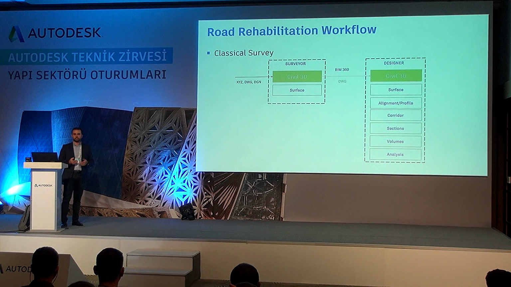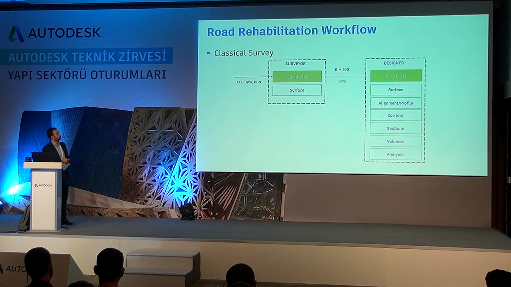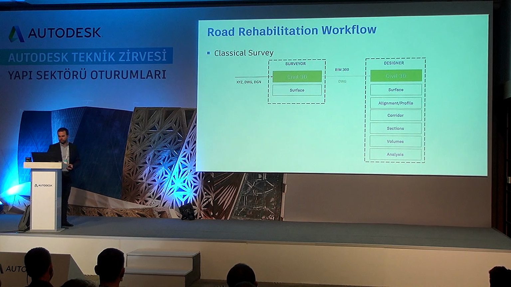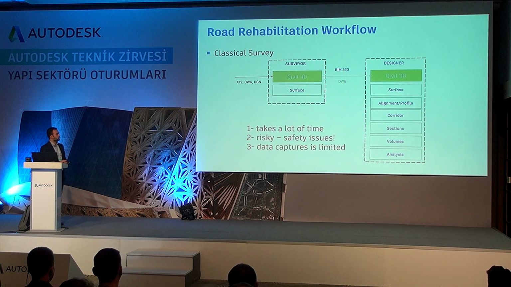How much time would it take and how many people will have to go and take points along the way on each side of the road? So this is what they do. They send surveyors on the site, and then the surveyor basically generates points, then surface, could be the surveyor or the designer, and then they feed it into Civil 3D. And then they can leverage the Civil 3D platform for other uses.